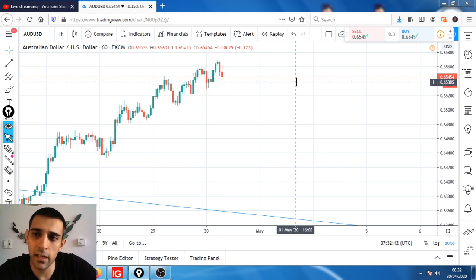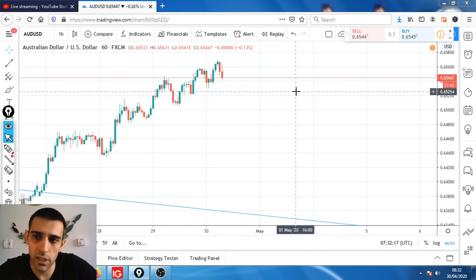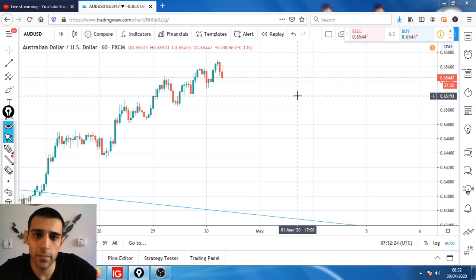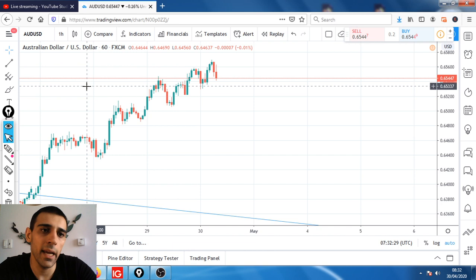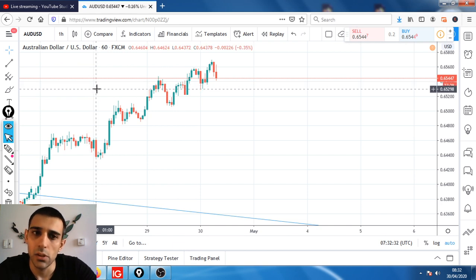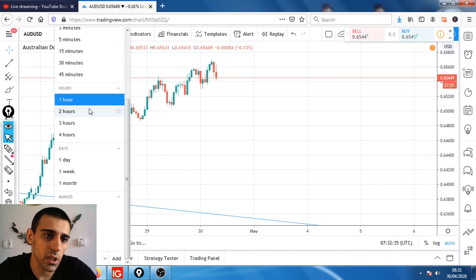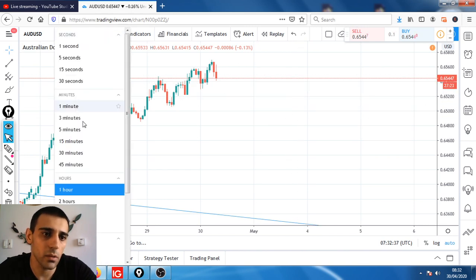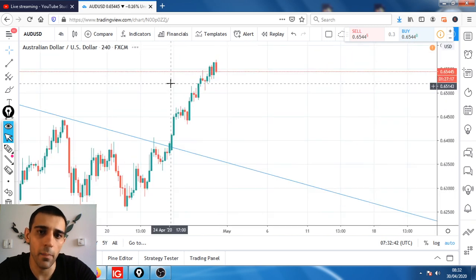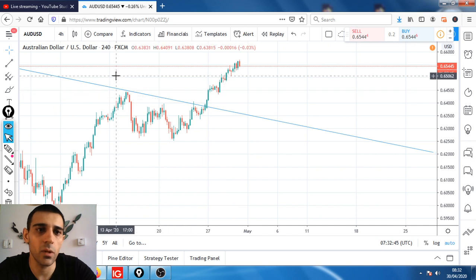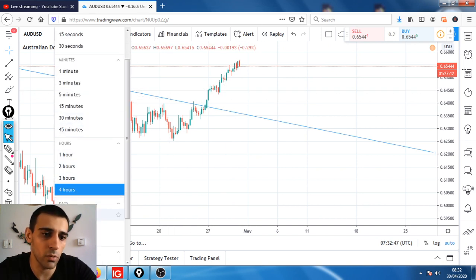So in this particular case, we're looking for the entry at 65.40, and the stop loss is relatively easy on this one. We're looking at a 15 or 20 pip stop loss, you can get away with it easily. And the targets, oh yeah, the target was a bit close actually, so probably I'm going to leave it for the second target, which is further up, because it doesn't meet my 1 to 3 risk reward requirement.